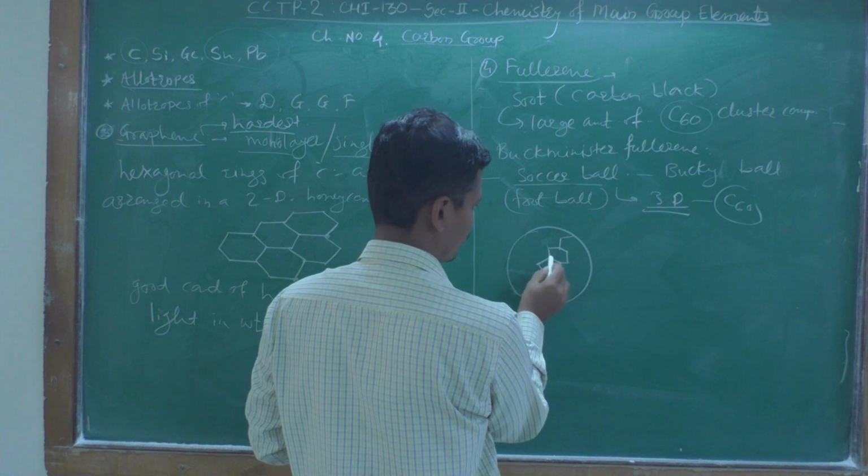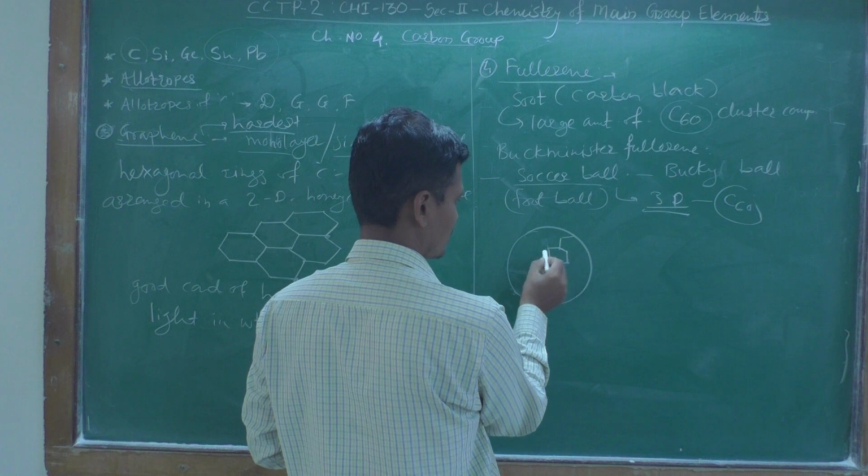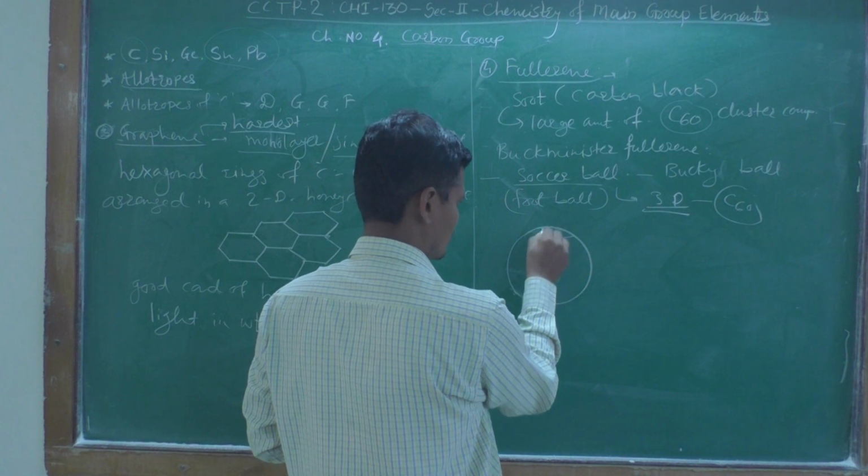So this is a 5-membered ring, 1 2 3 4 5. This is a 6-membered ring, 1 2 3 4 5 6.